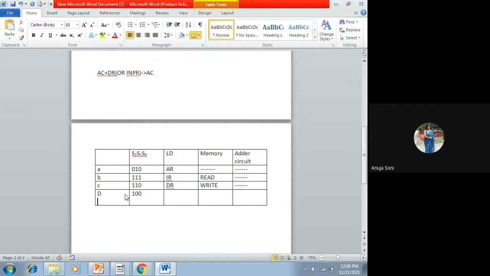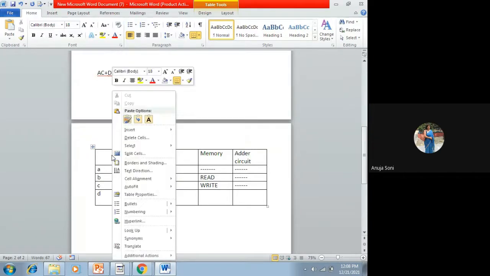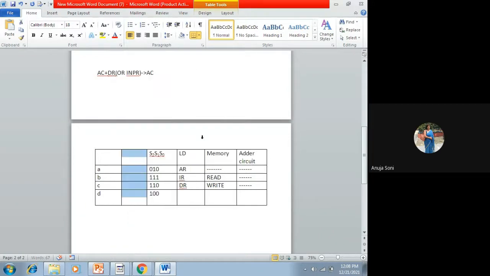You can write down the register transfer statement here, and you can add one more column here on the right-hand side to show your data transfer statements. Now our data transfer is from AC to DR. First of all, the value of S0, S1, S2 will become 4, and afterwards the load signal of DR will be enabled, because data will be loaded to DR.